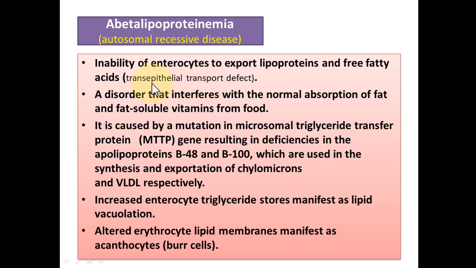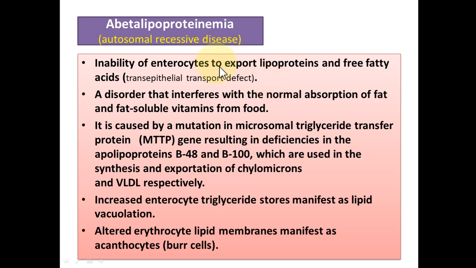So abetalipoproteinemia is an example of the transepithelial transport defect. We know that the fats are broken down into triglycerides and glycerols, and when they enter the enterocytes, they are reassembled into the lipoproteins, and this is the lipoprotein form in which the fats are carried in the blood because they are insoluble in water.